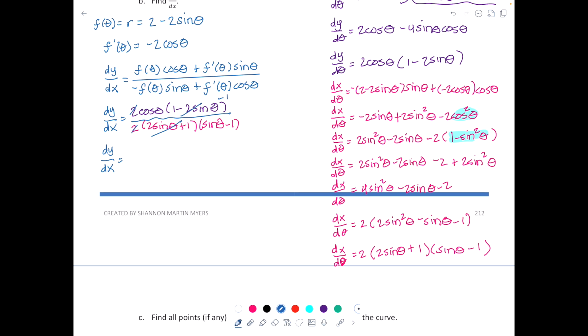So dy dx will end up being negative cosine theta over sine theta minus 1. Oops, I think I copied that wrong, didn't I? No, I'm good. Over sine theta minus 1. Cool so far? All right.